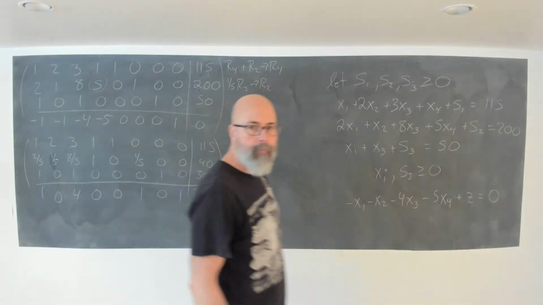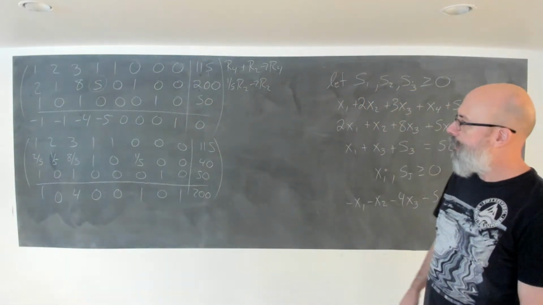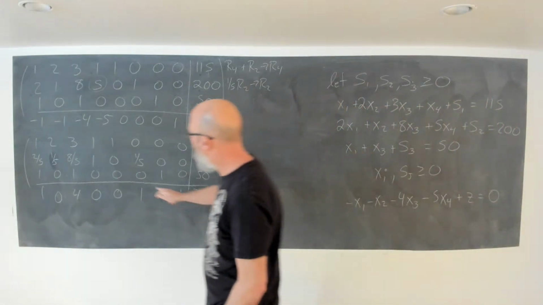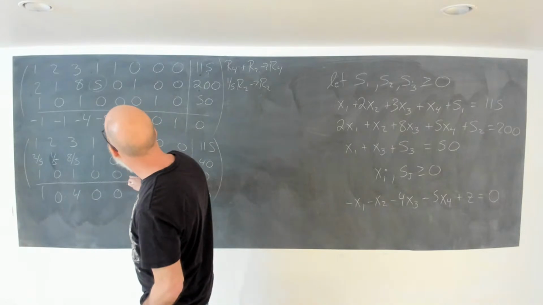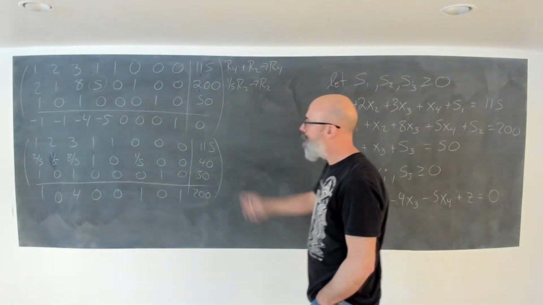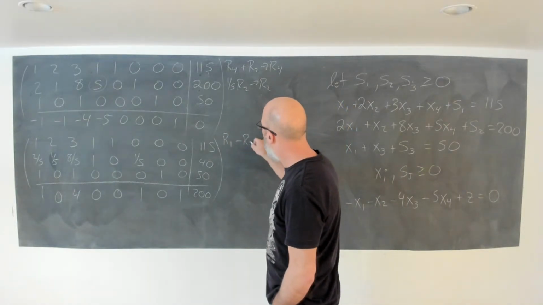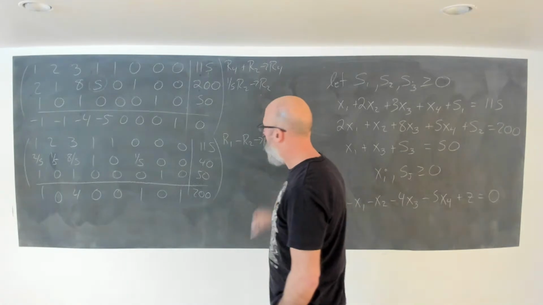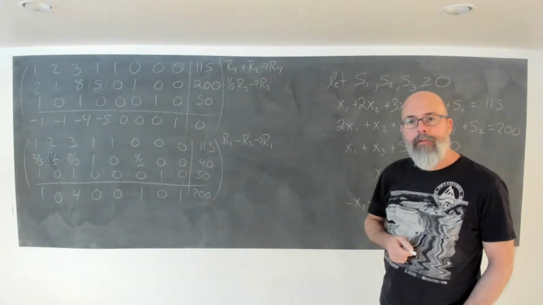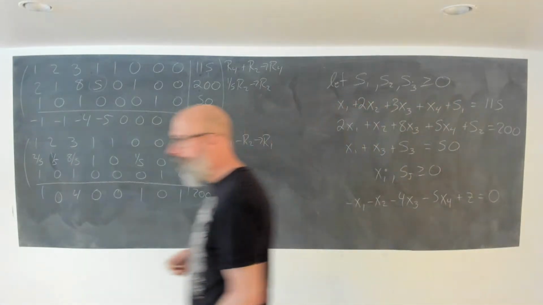All good? And that was painless enough. We're done. Well, actually, no, we're not done. We haven't finished clearing out the column, but after that, we'll be done, because there will be no negatives in the last row. That'll be it.